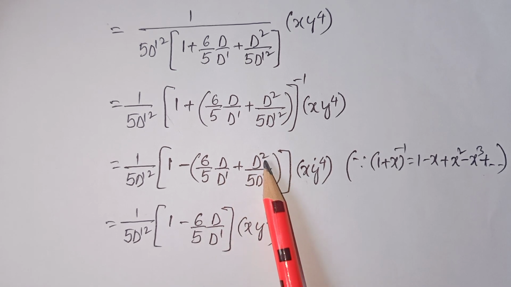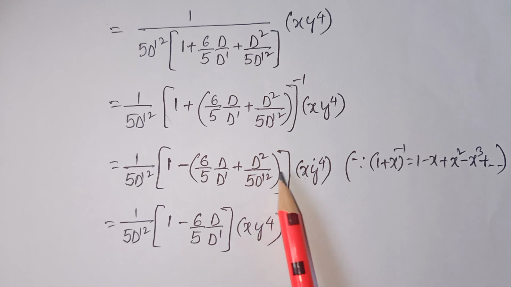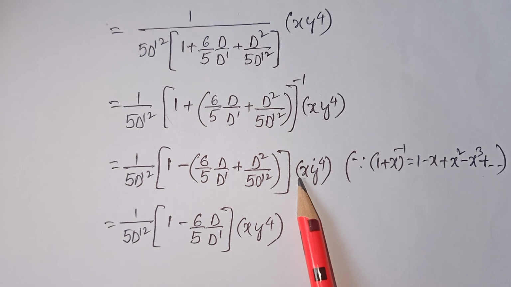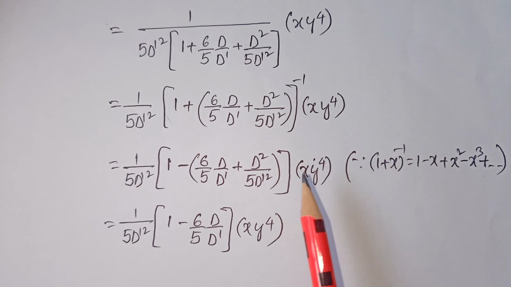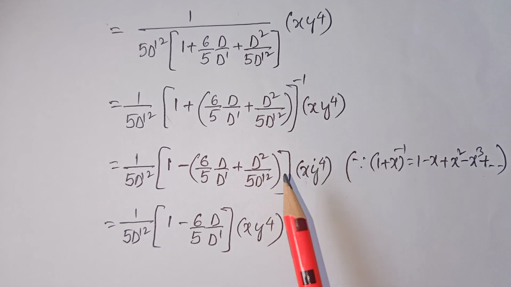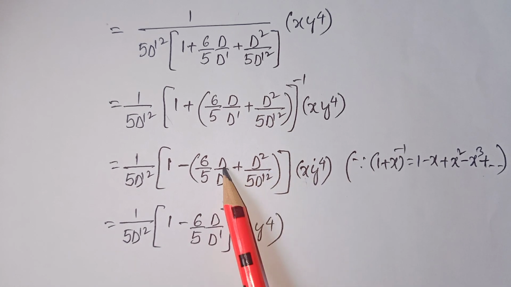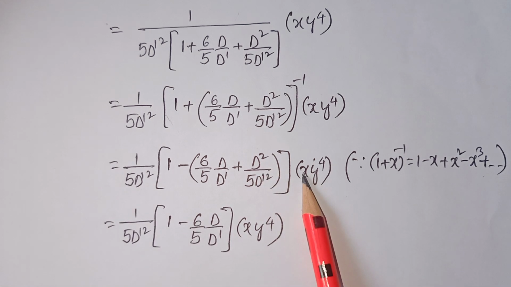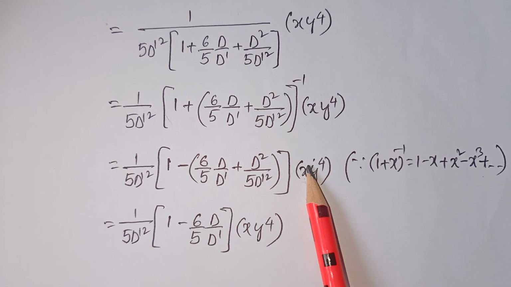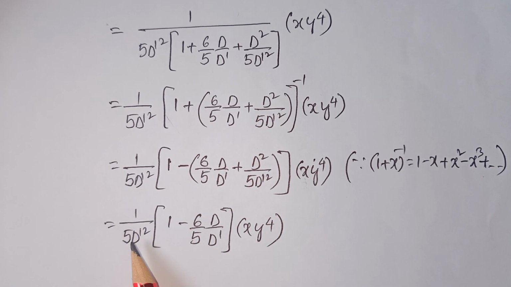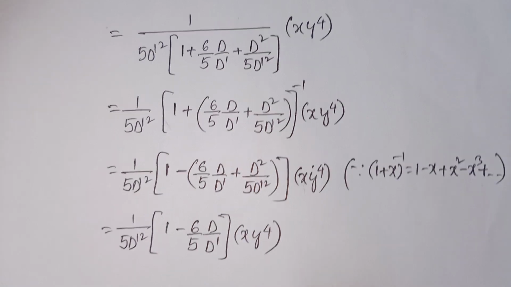You can see D² of x is 0, and in the remaining terms also you will get D³, D⁴ like that, higher powers, so they can be neglected. So now take only these first terms: 1/(5D'²) [1 - (6/5)(D/D')] xy⁴.